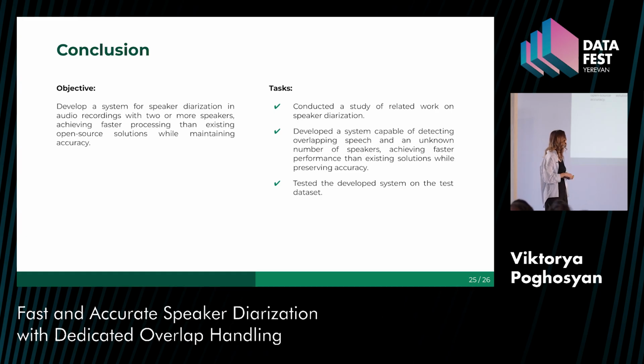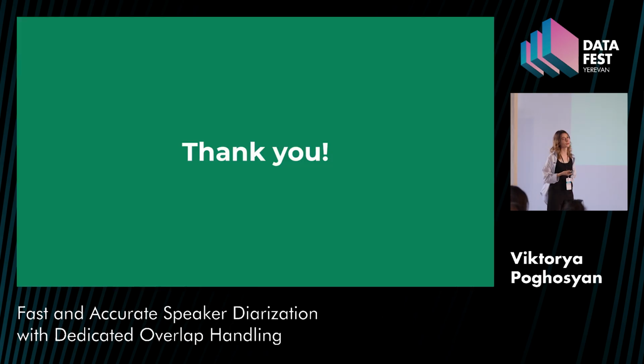And to conclude, our objective was to develop a system that does diarization for more than 2 speakers, achieving faster results, not only accuracy. And we did the following tasks. We conducted a study of related work on diarization, developed the system, and tested that system on test datasets. Thank you.